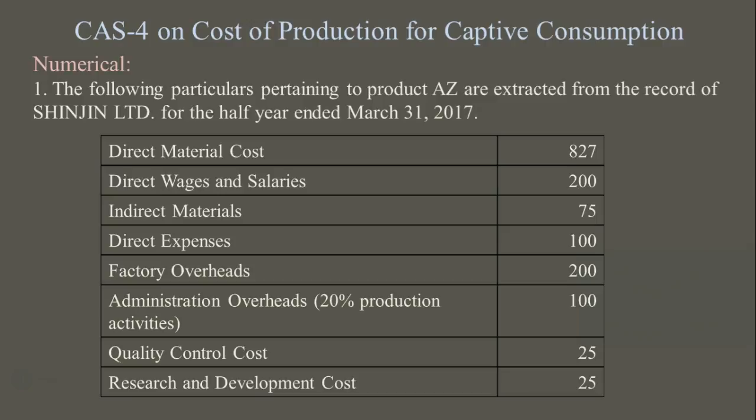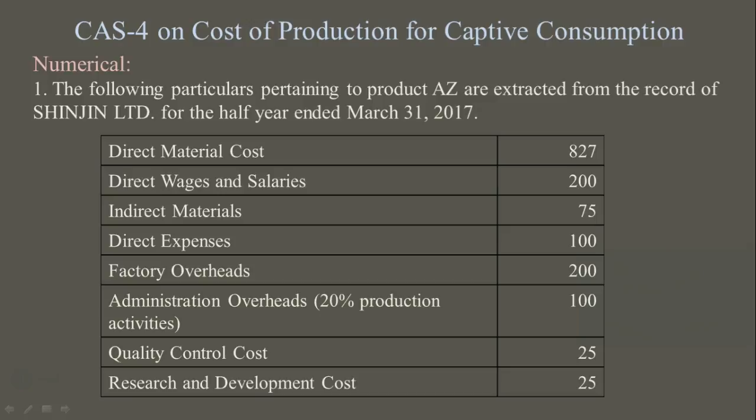So now we have one numerical on cost of production for captive consumption. I think all of you are clear with the concepts regarding cost of production for captive consumption. The following particulars pertaining to product AZ are extracted from the records of Shinjin Limited for the year ended 31st March 2017.